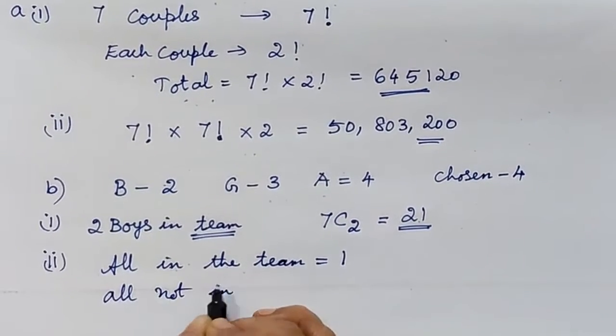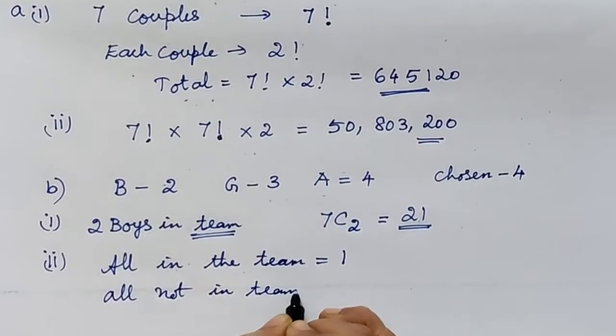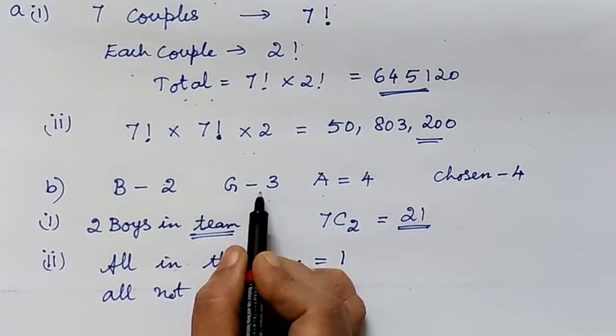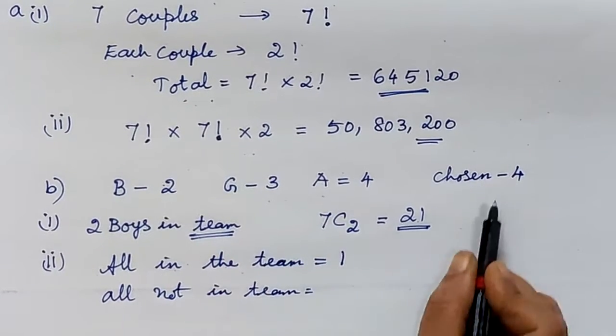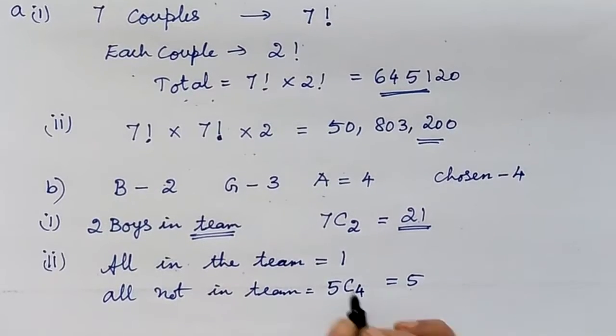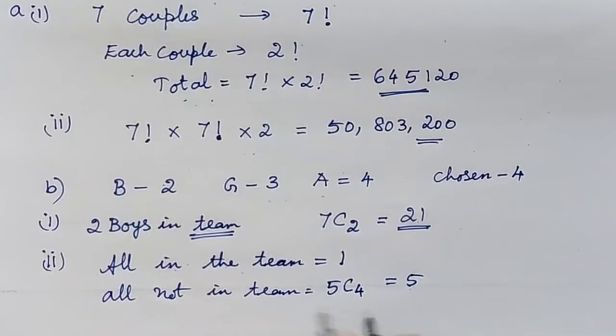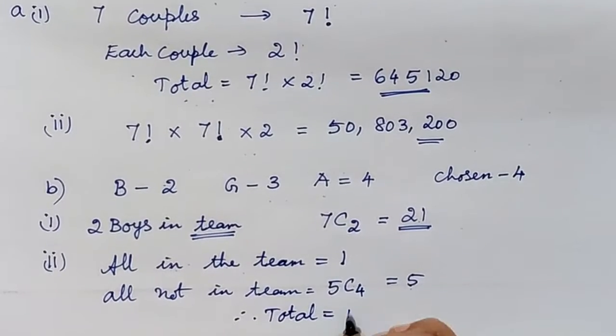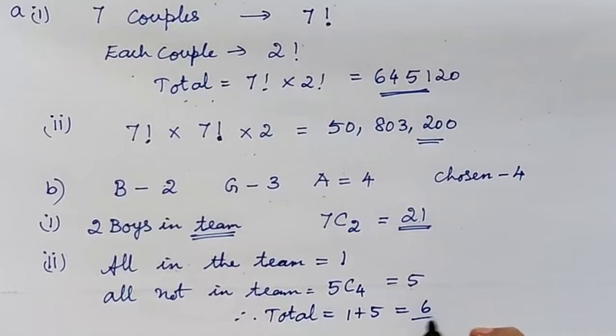When all of them are not in the team, there are only the other 5 people. From these 5 people, we need to select 4. So 5C4, which is 5. Either this can happen or this can happen. Therefore, the total number of selections will be 1 plus 5, which is 6.